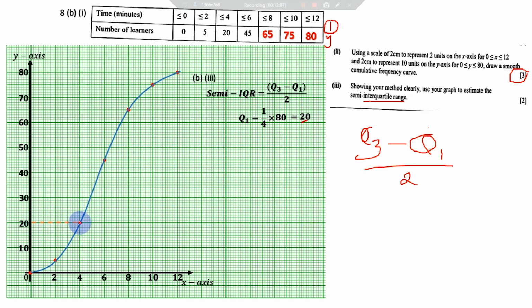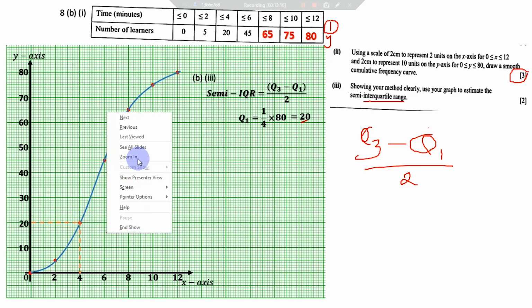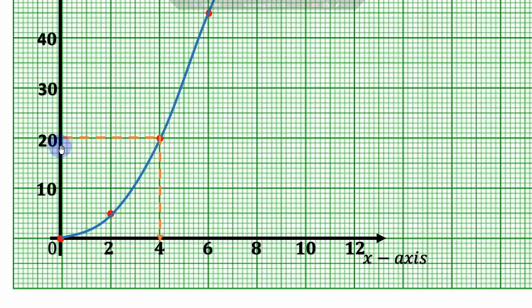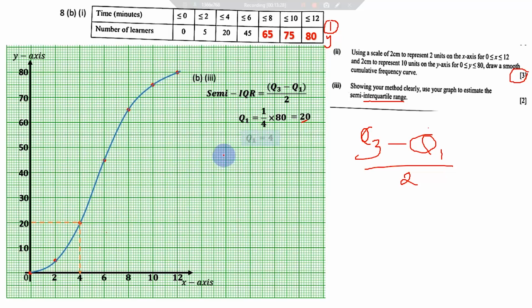Use a ruler, and when you reach the curve, don't exceed it; you drop down. Your line should look like this. For me, the answer I found down here is 4. So 4 is my final answer for the lower quartile, Q1.